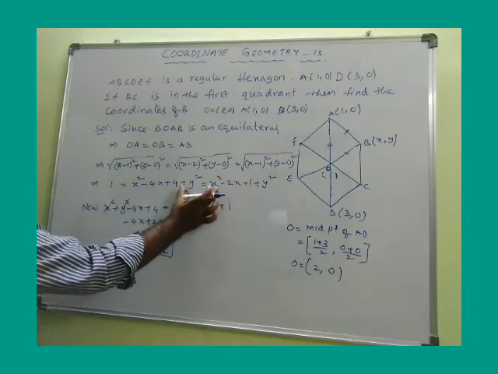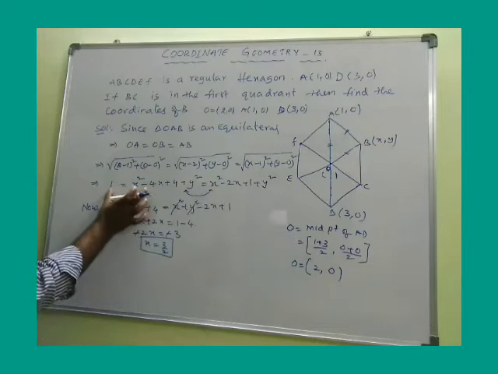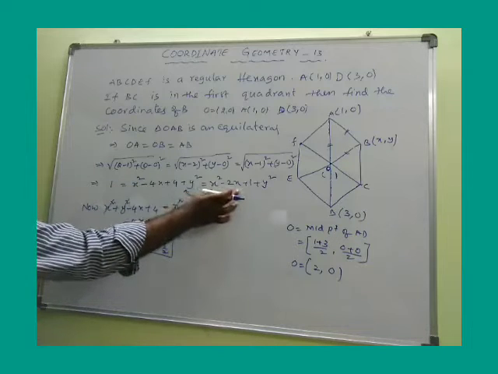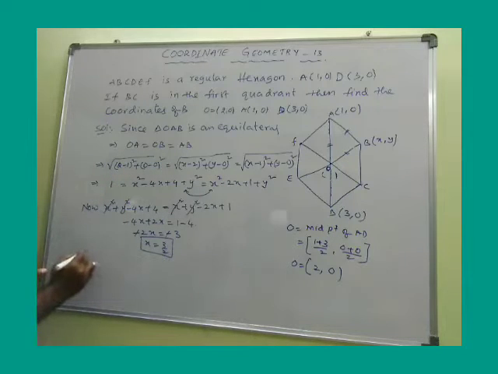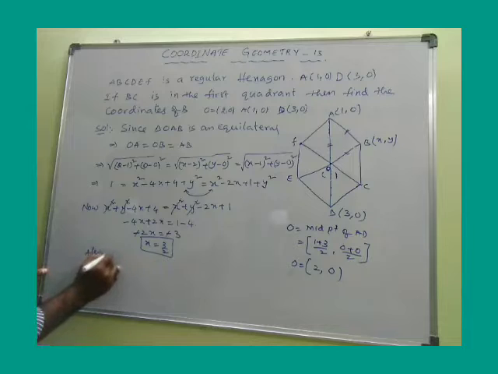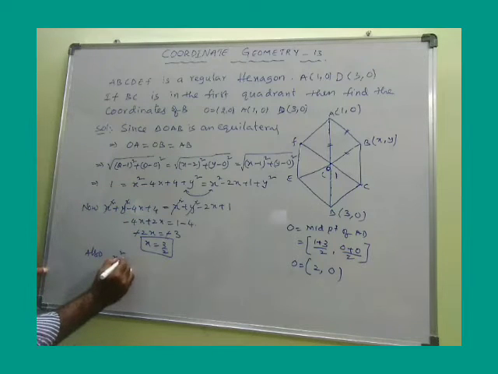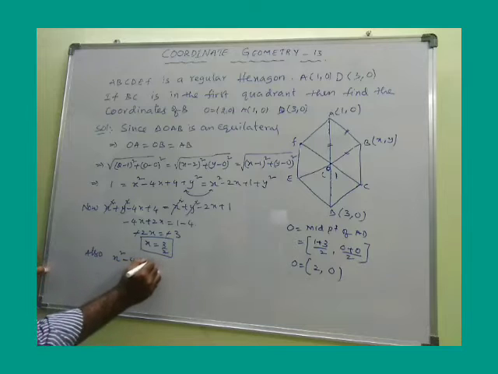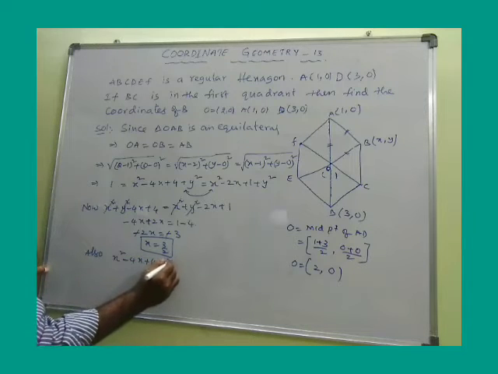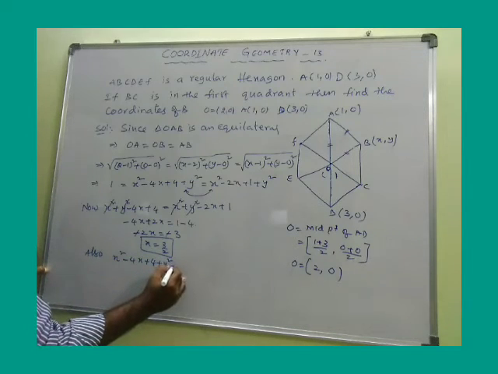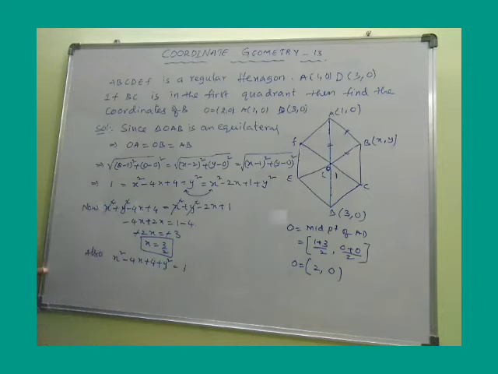Since we equated only these two, actually we can equate the first two also, or last and first also. So let me take this condition now, that is x square minus 4x plus 4 plus y square, which is equal to 1.